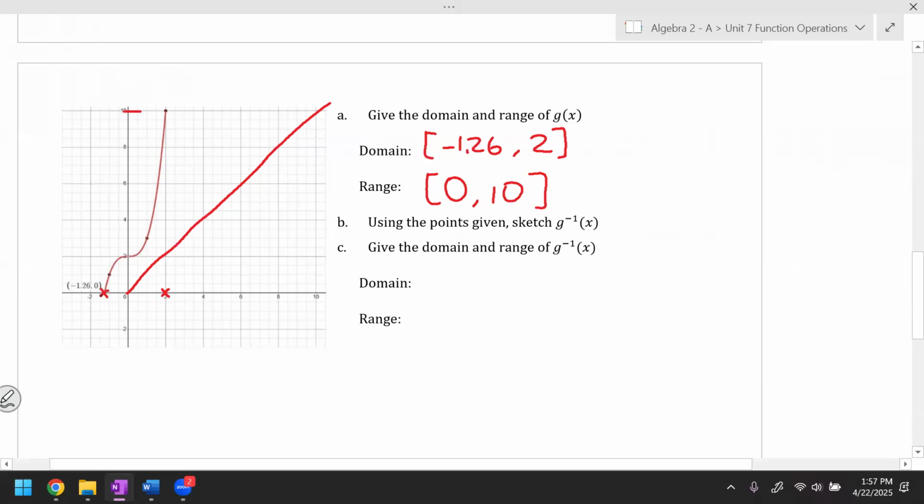This point over here, negative 1.26, 0, should go to 0, negative 1.26. How about here? 1 comma 3 will go to 3 comma 1. And over here, 2 comma 10 will go over to 10 comma 2.